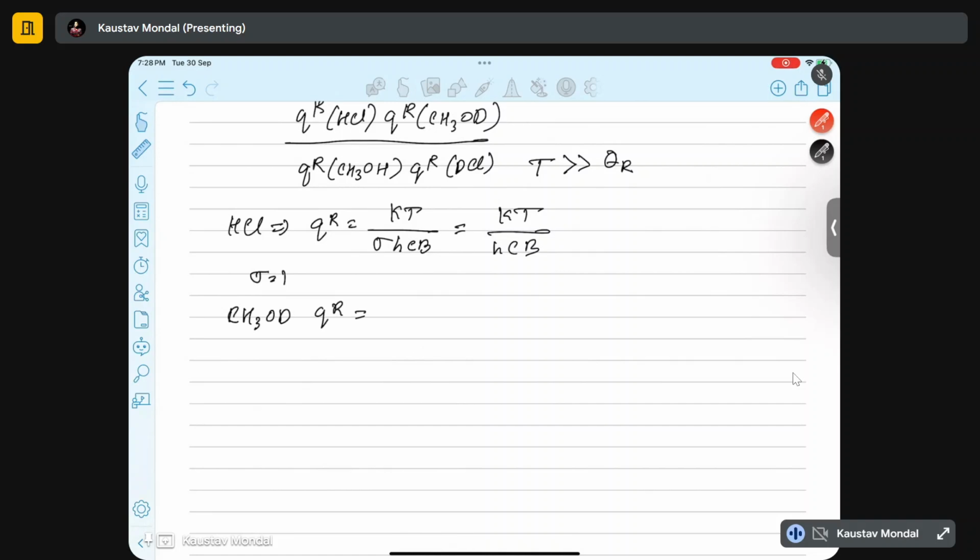This is a non-linear case, so that means 1 by sigma, kT by hc to the power 3 by 2, into pi by ABC, to the power half. For CH3OD, the A, B, C are given. Similarly for CH3OH, the same expression, and for DCl also the same expression.